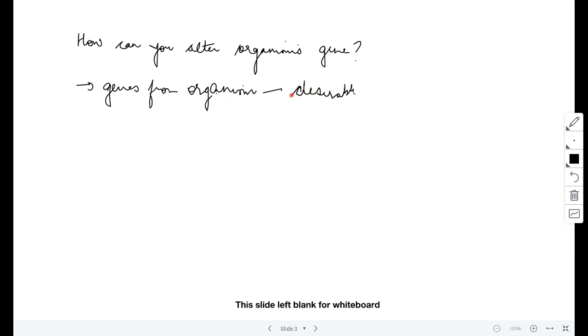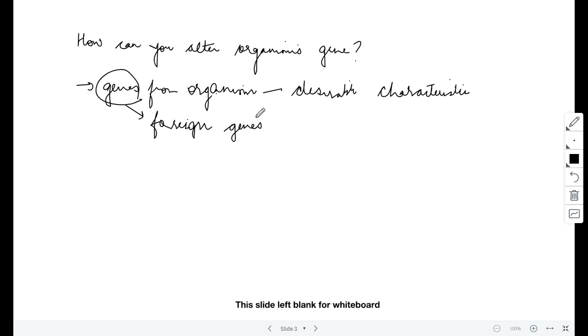Once the gene is taken, these genes which are taken from the organism, we call them foreign genes. You understood the word foreign? It is being taken from outside.